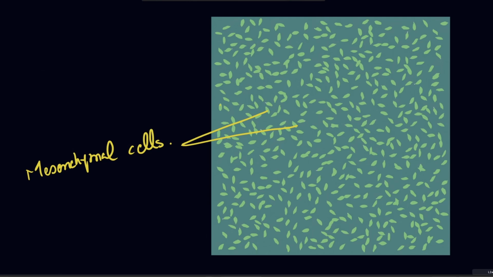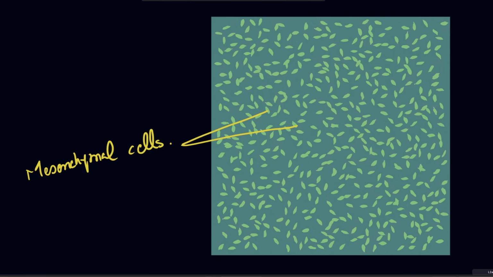They are widely far apart, loosely arranged, and loosely interspersed in a ground substance. This ground substance mainly consists of water, some proteins, and gel-like material, and it consists of collagen fibers as well. It is very similar to connective tissue. In fact, it is itself connective tissue. So mesenchyme is basically the embryonic connective tissue.